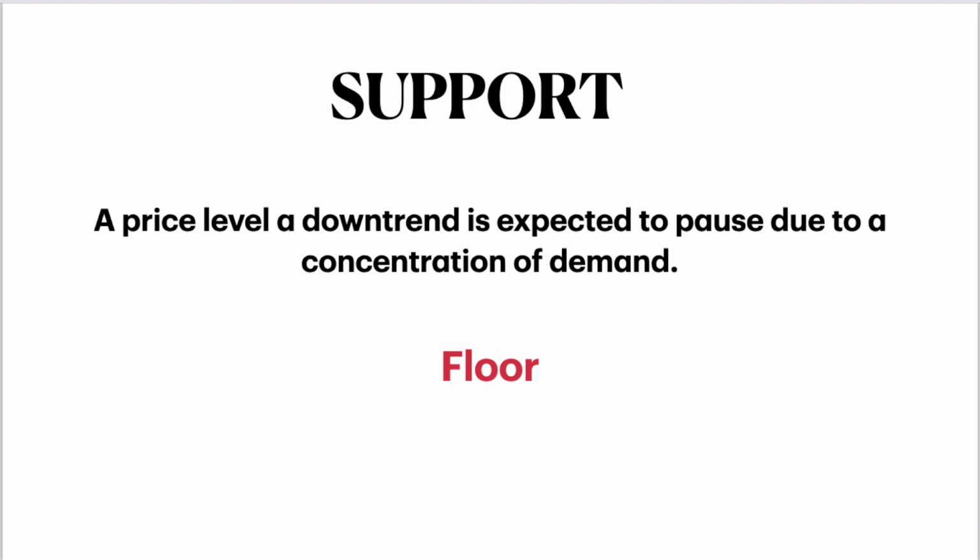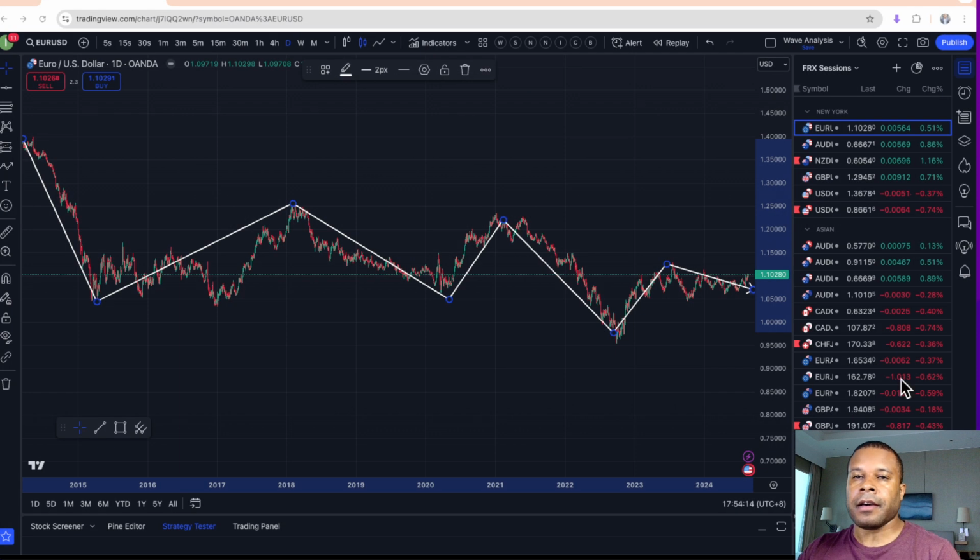And according to this definition, as I was saying, a price level where a downtrend is expected to pause due to a concentration of demand, meaning that as this price was going down, it was getting to lower prices where buyers were coming and saying, "Oh man, this thing is low." Imagine that you had a pair of shoes, let's say a pair of Jordans, right?